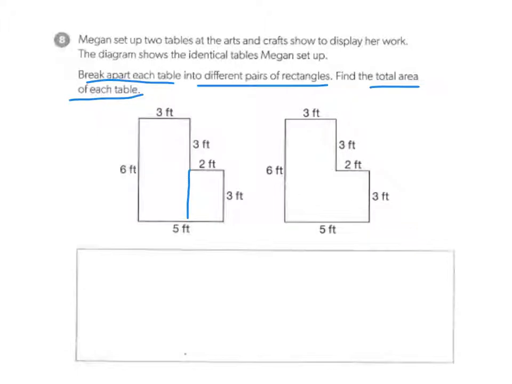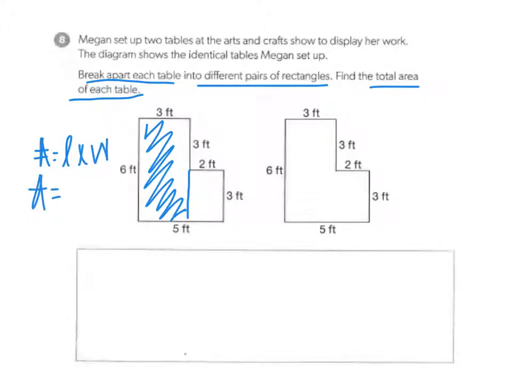So the first rectangle that I see is right here. So that means that the area is equal to length times width. What is the length of this rectangle? That would be 3 feet.